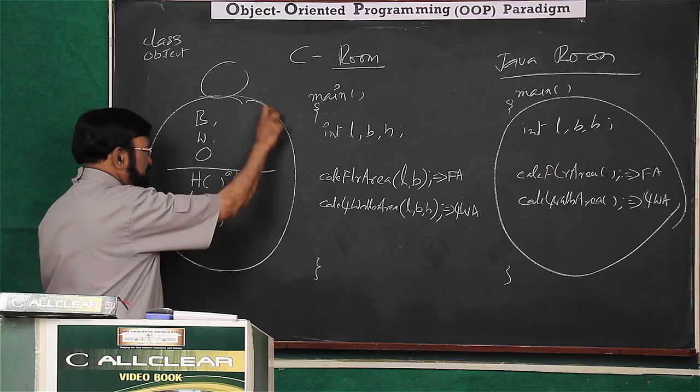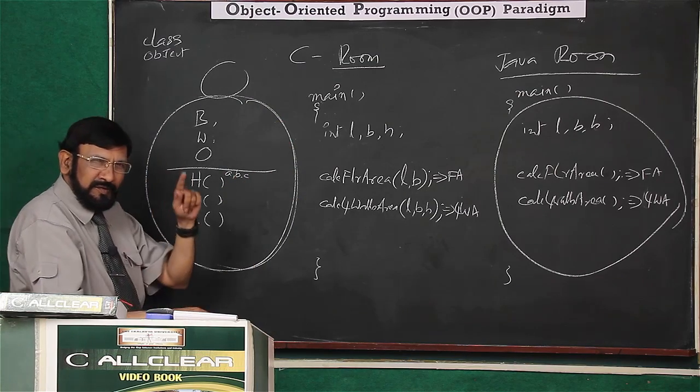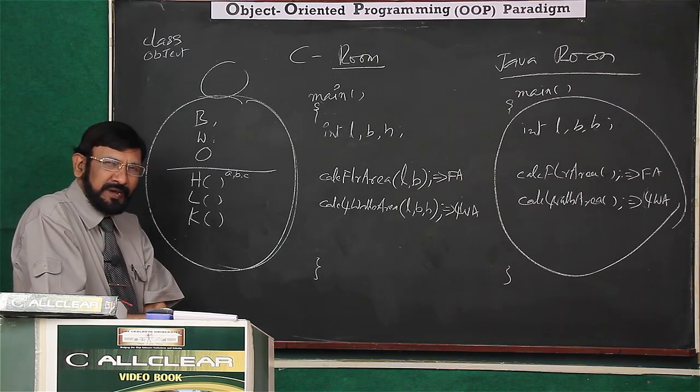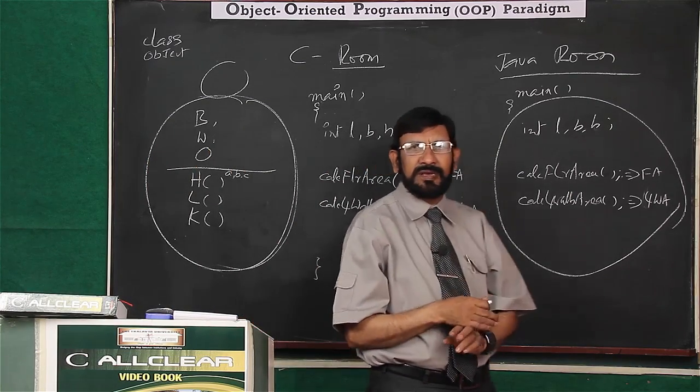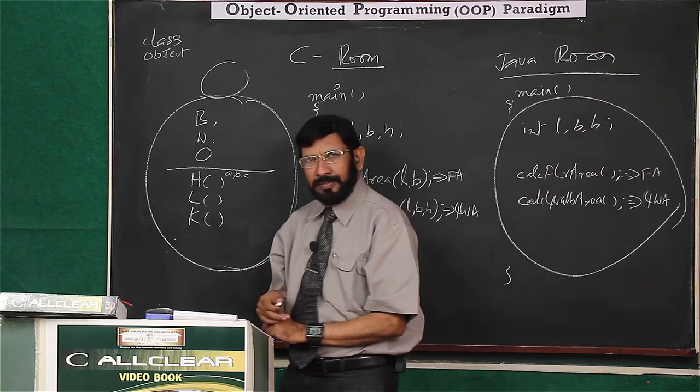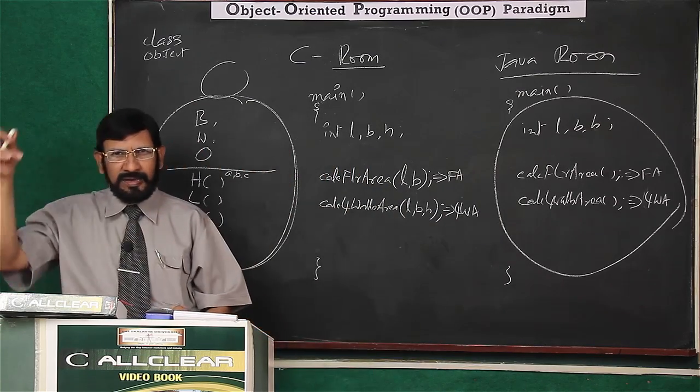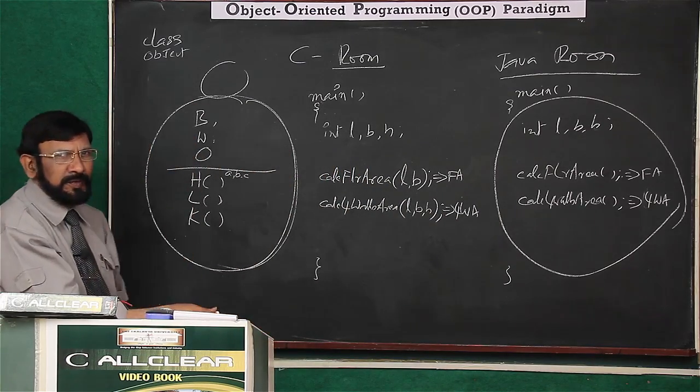Now, this is a simple example. This is an object. Initially, I have given a definition for a class. A class is a set of data and set of functions which act upon the data and which are encapsulated as a single entity with an identifiable name.